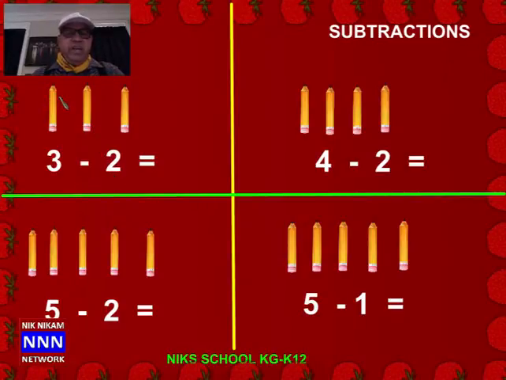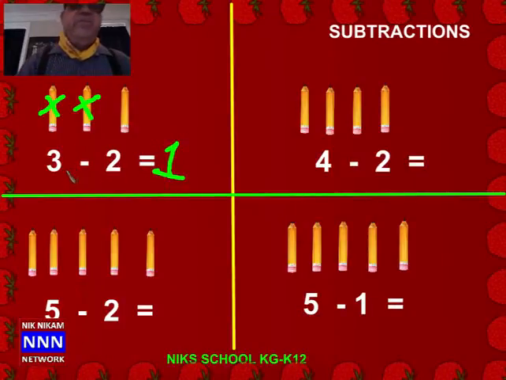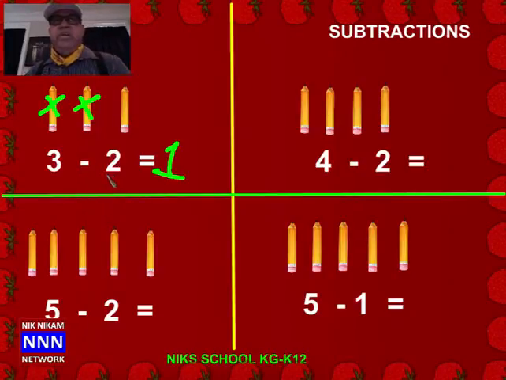Okay, let us scratch off 2 pencils because they don't belong to us anymore. 2 pencils are gone, so we are left with only 1 pencil. So the answer is 1 here. So, if we have 3 pencils and you give away 2 pencils to your brother or sister, then you have only 1 pencil in your school bag.